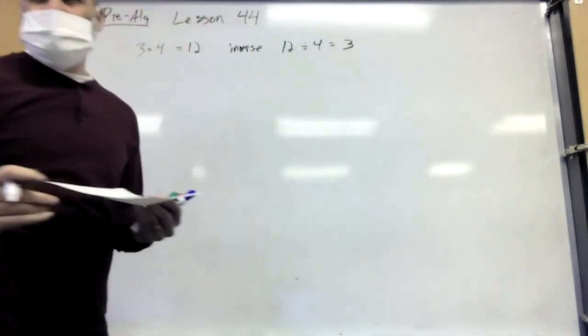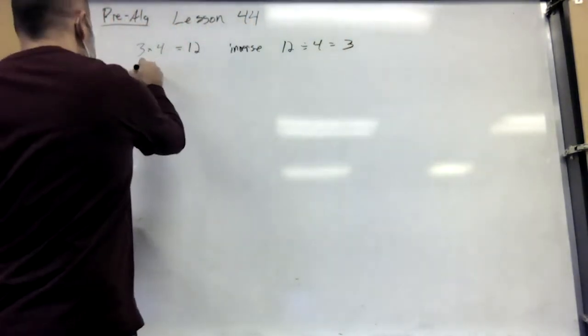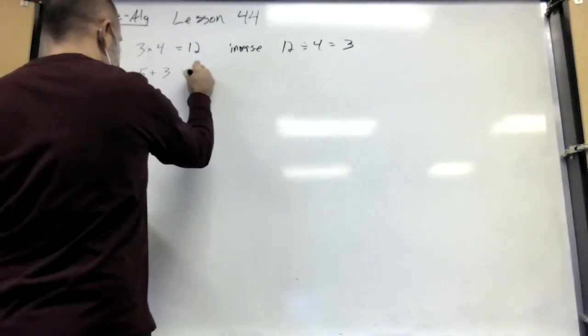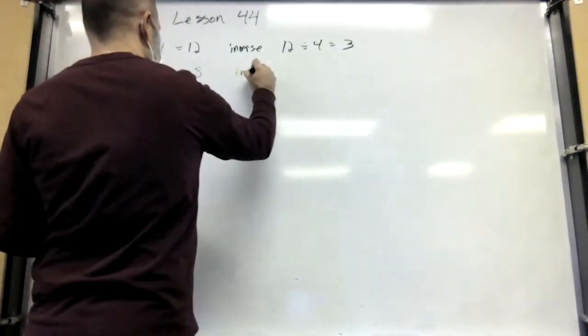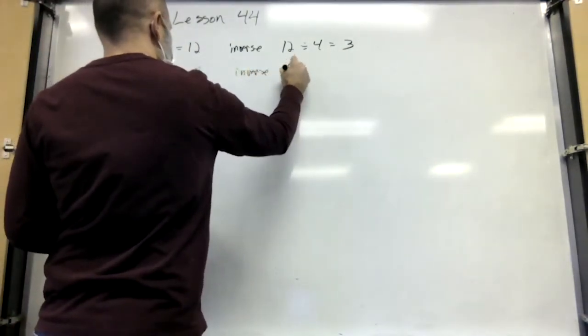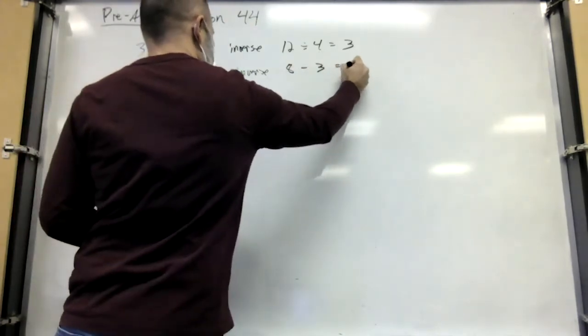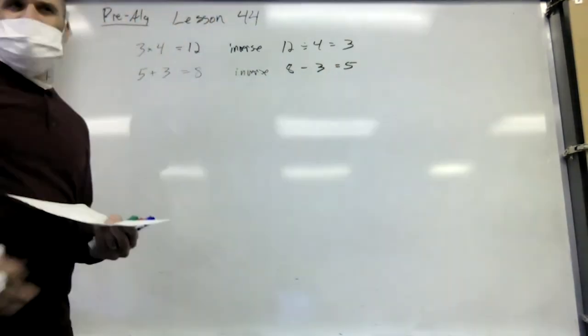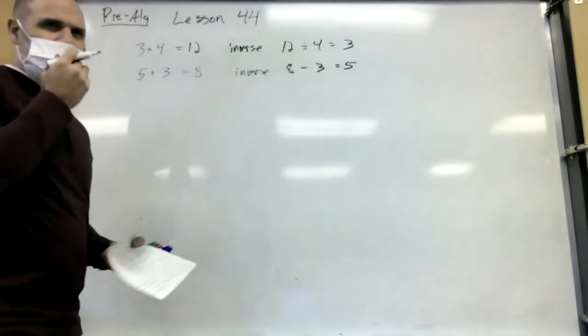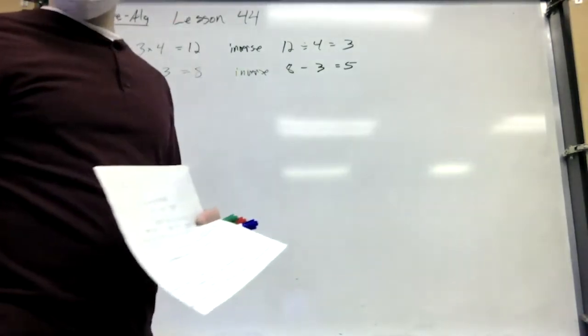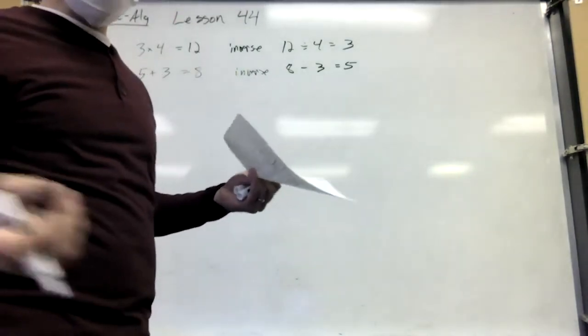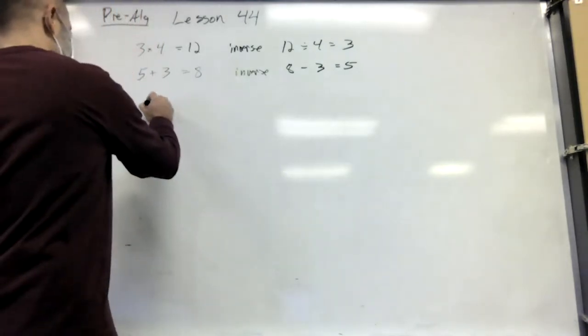See how I went backwards? Well, the same thing works with addition and subtraction. So if I do the inverse operation, 5 plus 3 is 8, 8 minus 3 is 5, right? Well, we know the inverse operations of addition, subtraction, multiplication, and division, but what about this?